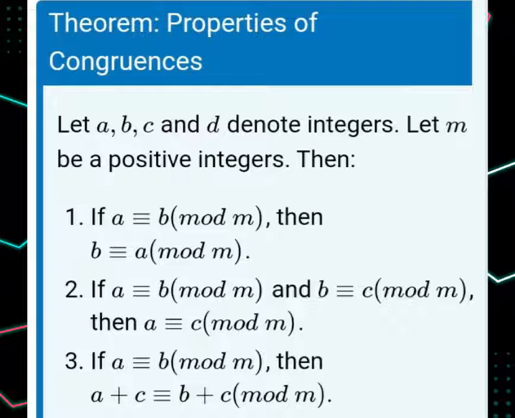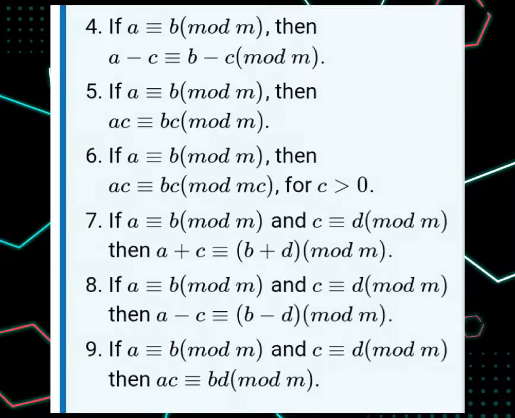Number 3. If a is congruent to b mod m, then a plus c is congruent to b plus c mod m. Number 4. If a is congruent to b mod m, then a minus c is congruent to b minus c mod m.